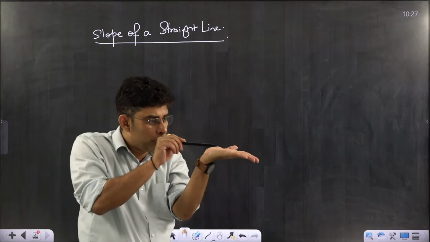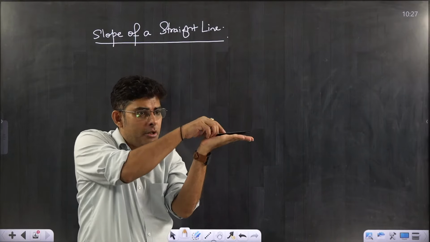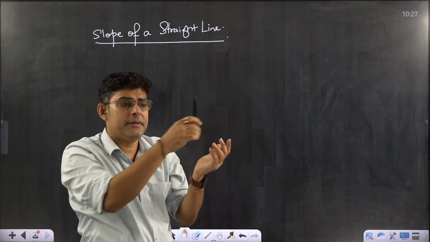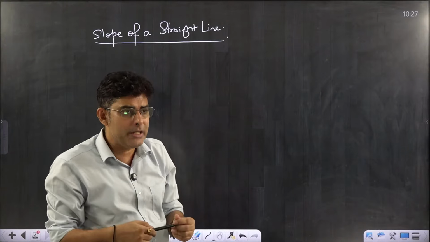You are moving on a straight road and suddenly you start rising. So earlier you were moving horizontally, now you are rising, so you move vertically. So which trigonometric ratio relates the horizontal and vertical? You will say, sir, it is P by B, which is tan theta. That's why the slope was defined mathematically as tan theta.